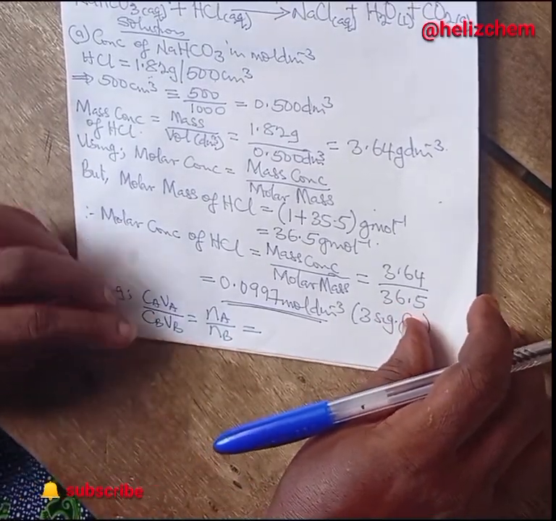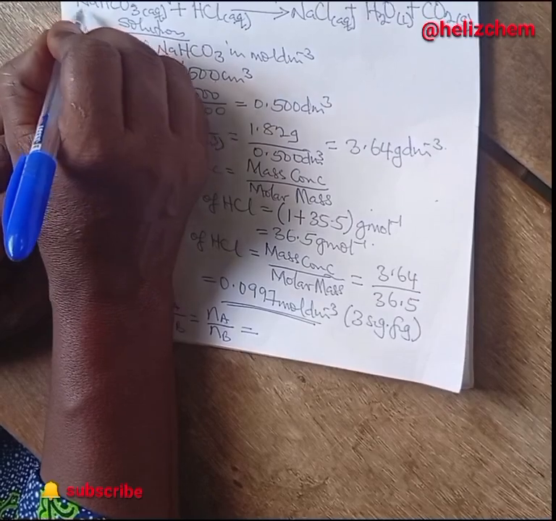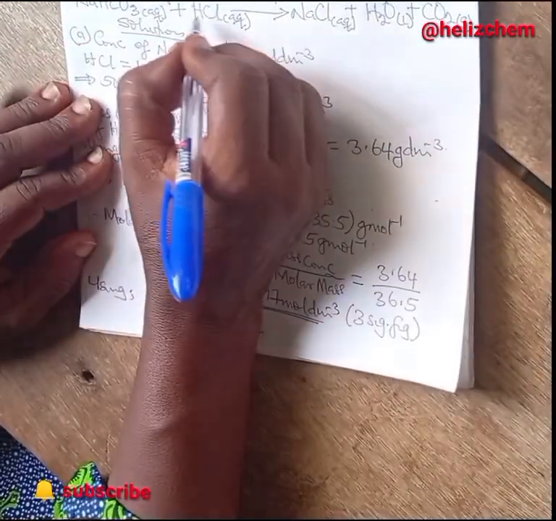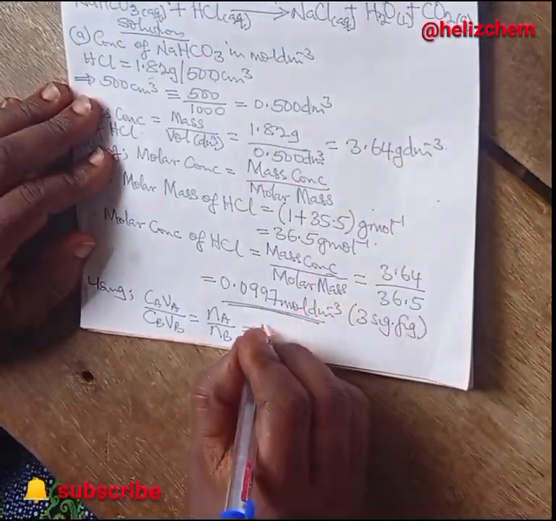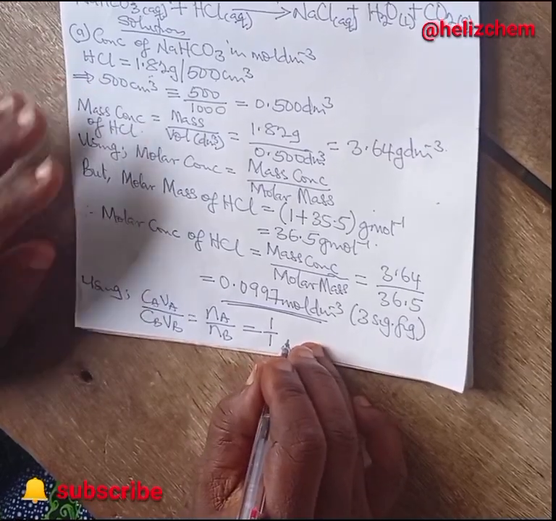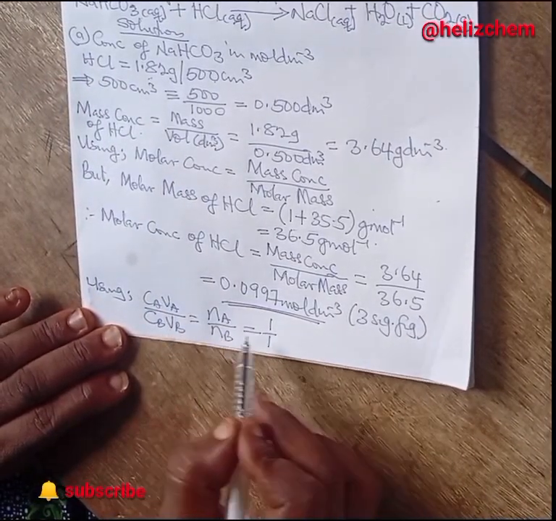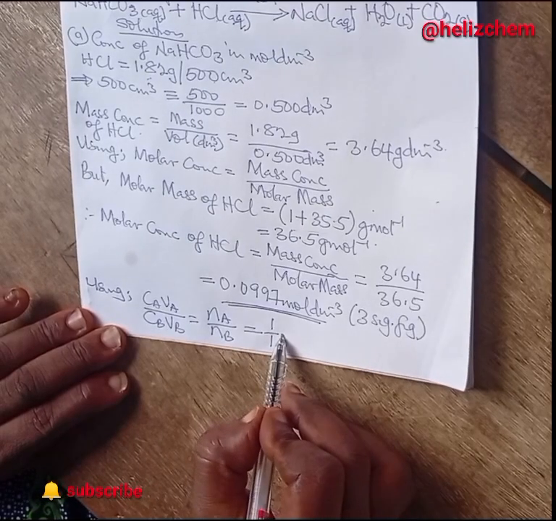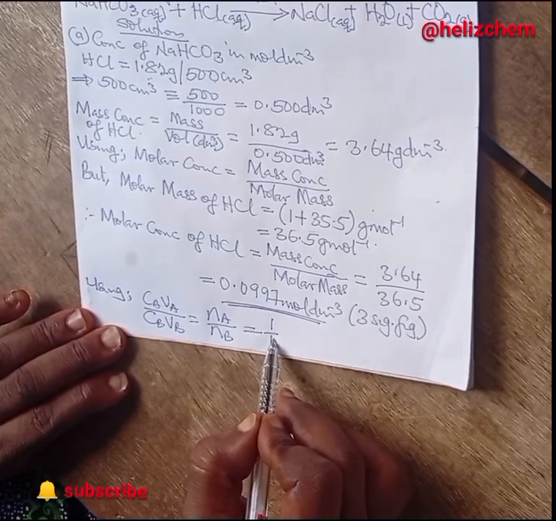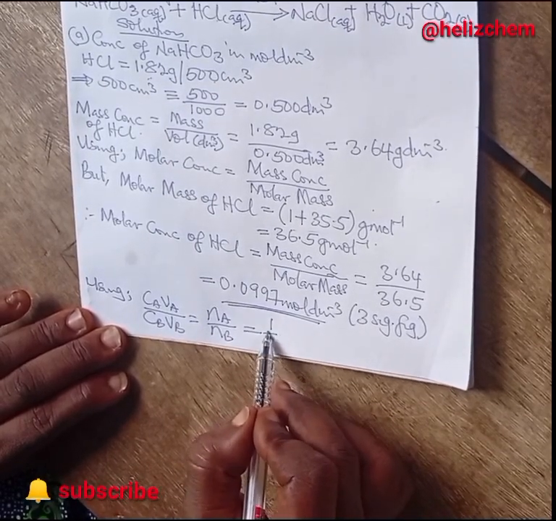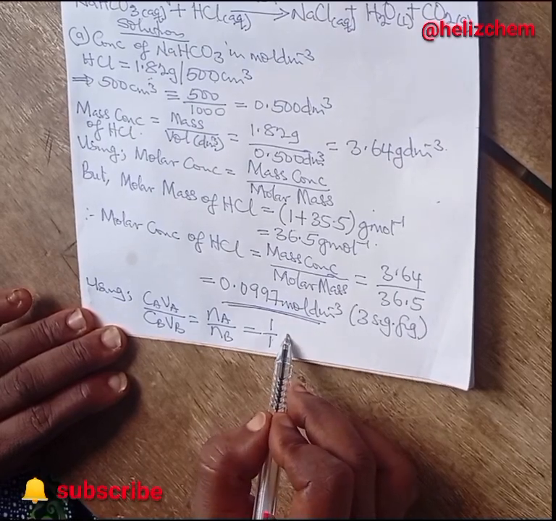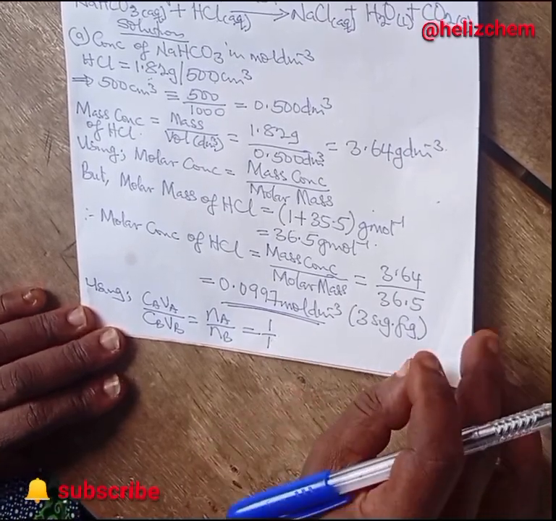If you look at this, mole ratio of base is 1 and mole ratio of acid is 1. So you have to write it, because WAEC will not mark this. WAEC will focus on this. It is the value that you write here, which is the mole ratio 1/1 that WAEC will mark.